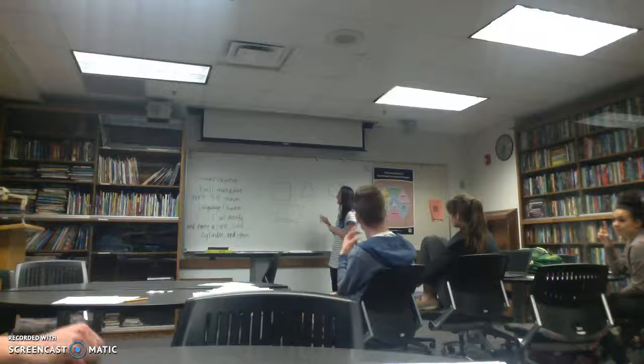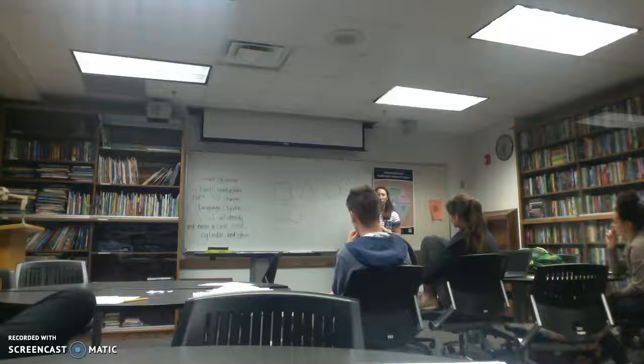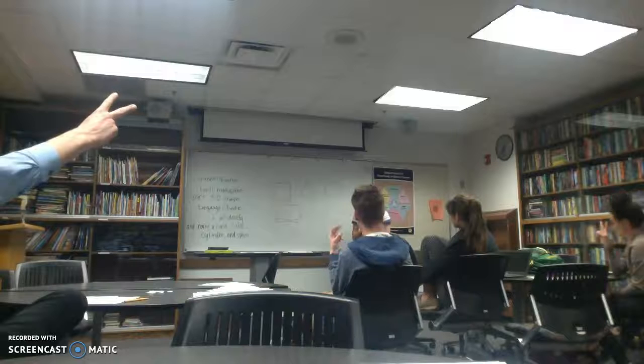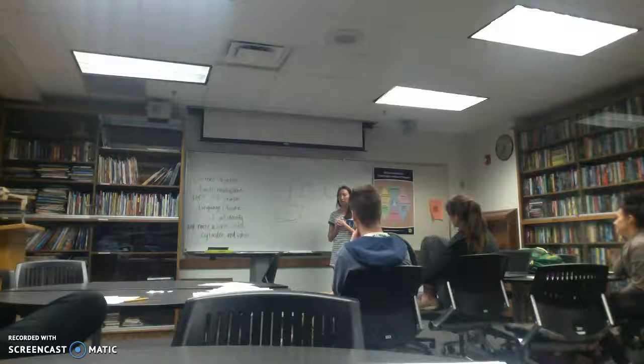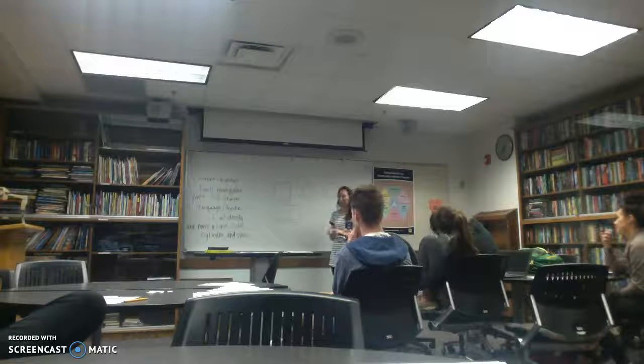Great job, guys. What about this triangle? Is it 1, 2, or 3 dimensional? 2. That's also 2. So now we're going to learn about 3-dimensional, which is adding another way to measure it.